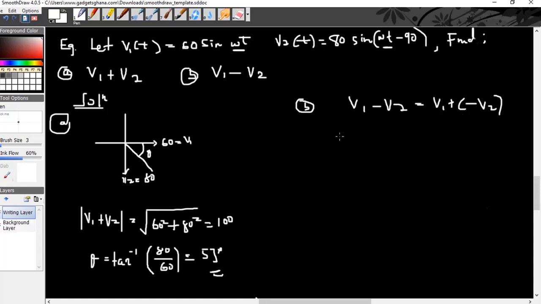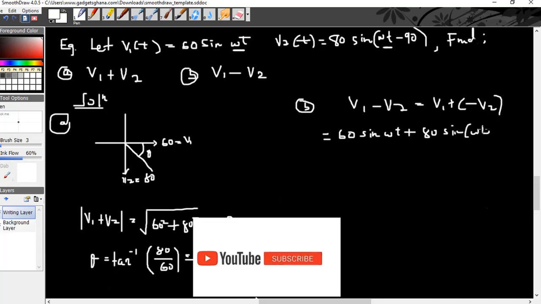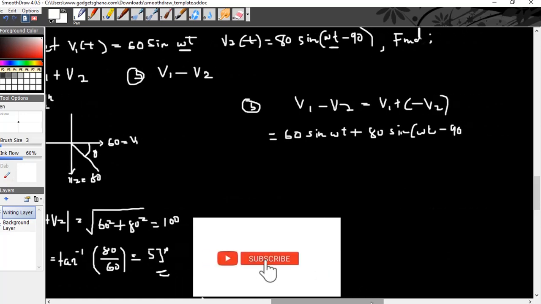So this is how the sinusoidal quantity will look like. We have 60 sine omega t, plus 80 sine omega t, with minus 90 over here, and taking the reverse we add 180 degrees to the angle.